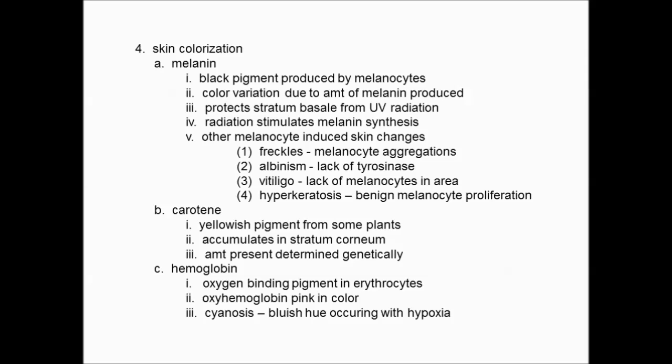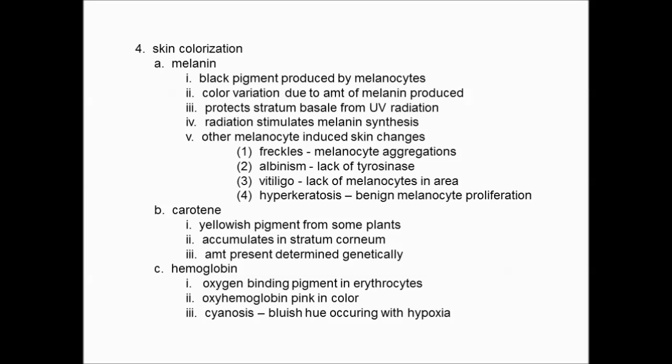Vitiligo, which you might have heard of, is areas in which melanocytes are missing from the skin, and so you can have a very pale area versus the other areas around. And sometimes there are conditions where the melanocytes proliferate, almost like a cancer, but in most cases this is benign and leads to a condition called hyperkeratosis.